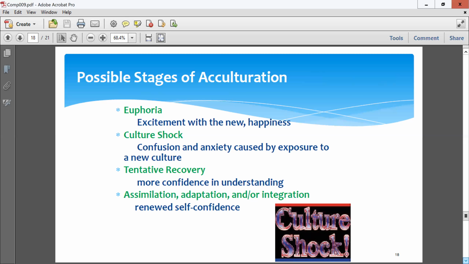And then a person makes a decision how much they're going to assimilate or adapt or integrate with that new culture. So it's a process. That's the main thing that students, or any individual, will go through. And just being aware of that is the important point of this slide.